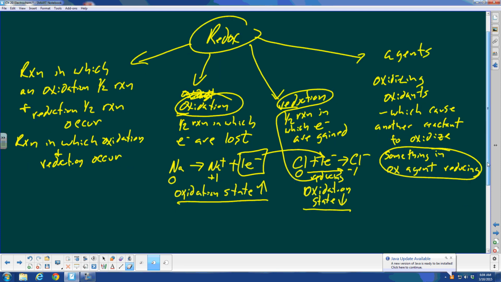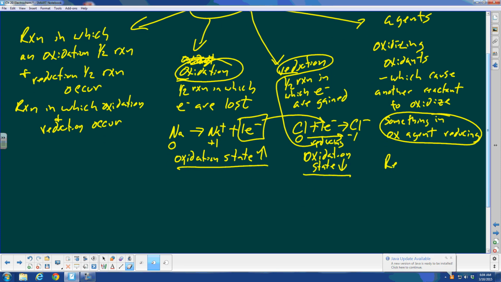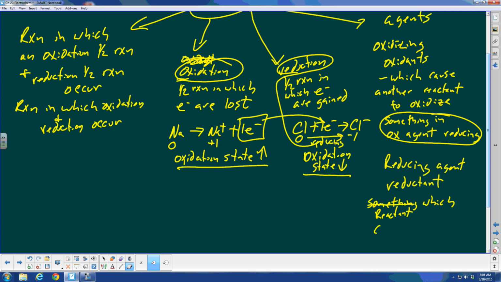And then we can have a reducing agent, also known as a reductant. It's a reactant which causes another to reduce.